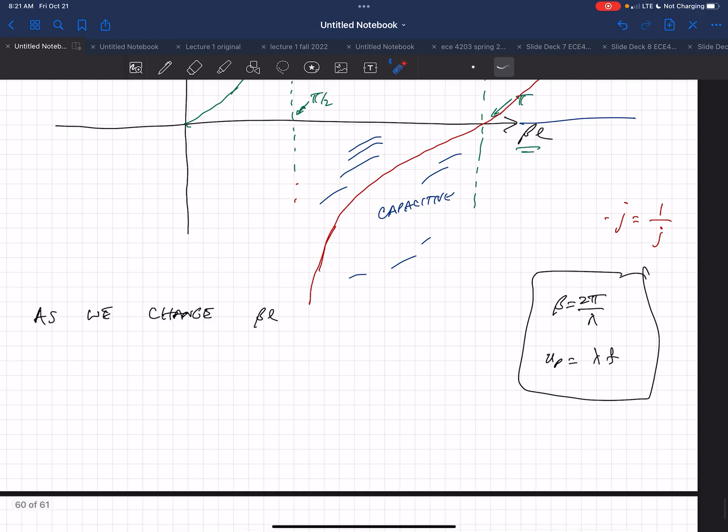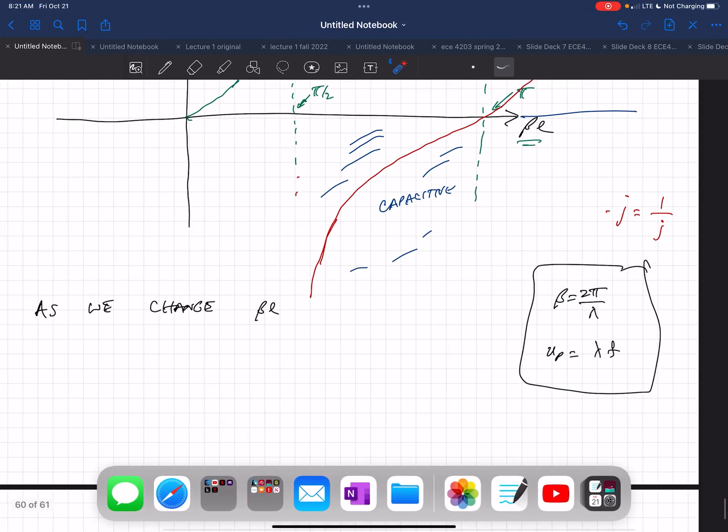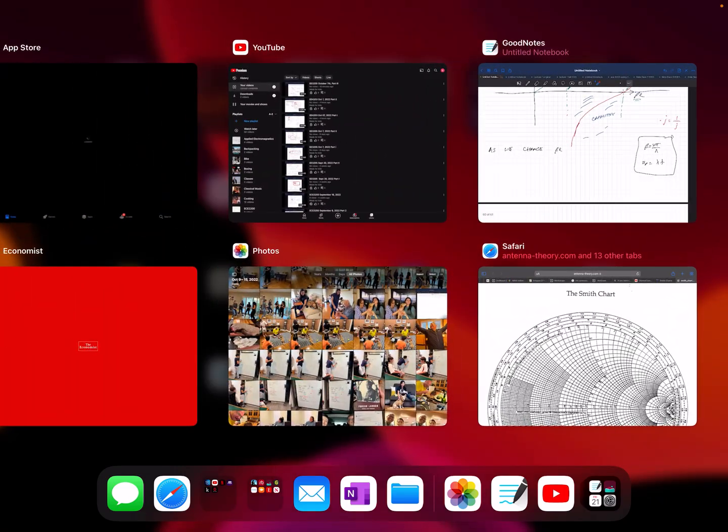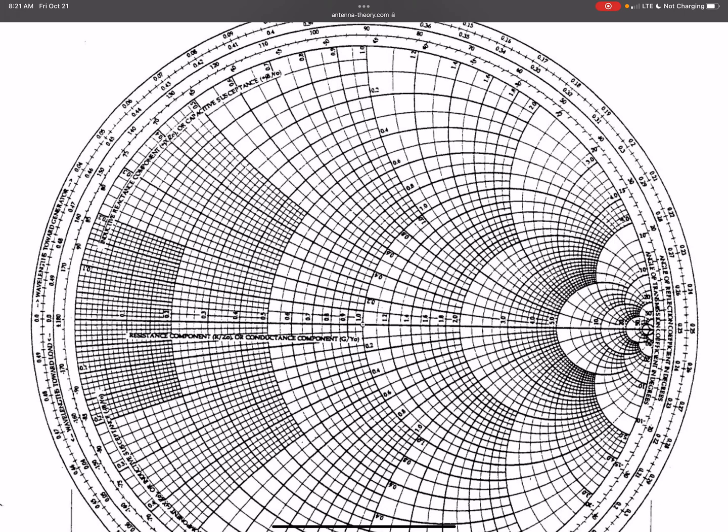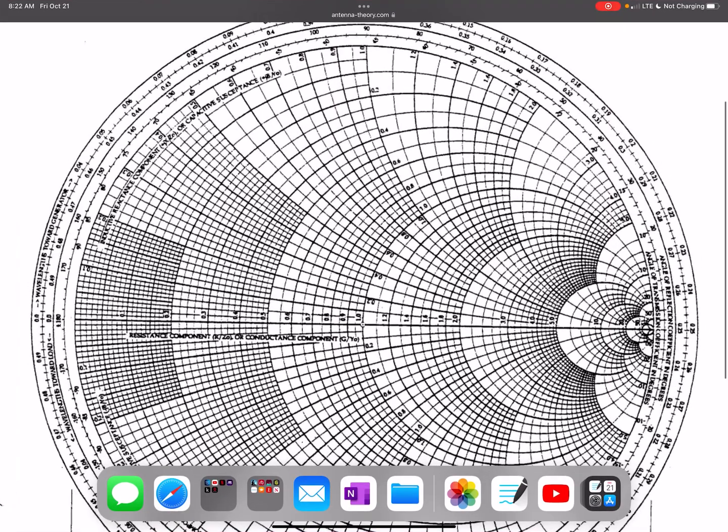So this suggests our punchline, which is this graph, as you'll see, that goes around in a circle. As your length and impedance go up, you're going to be getting different impedances along the circle.